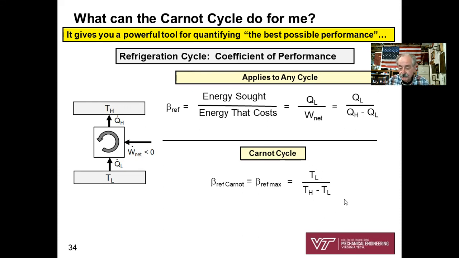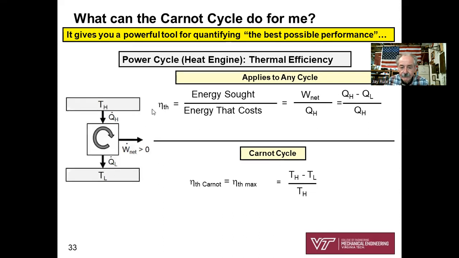And so the best you can do in terms of coefficient of performance, typically a coefficient of performance is a number greater than 1. And efficiency, let's go back a slide. Efficiency for a power plant is always a number less than 1, and that's why we call it efficiency. Do you see how this has got to be a number less than 1?